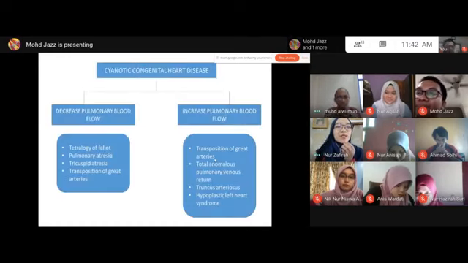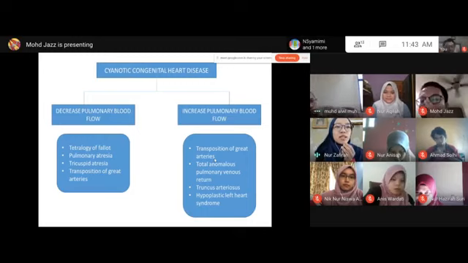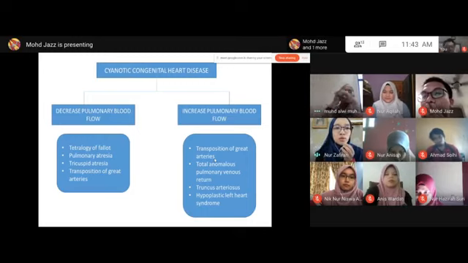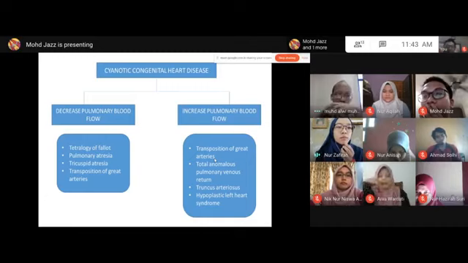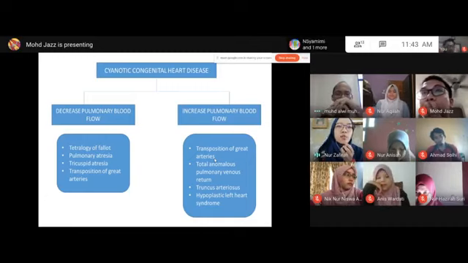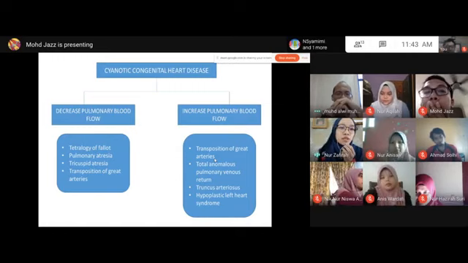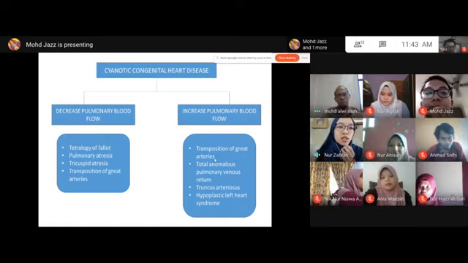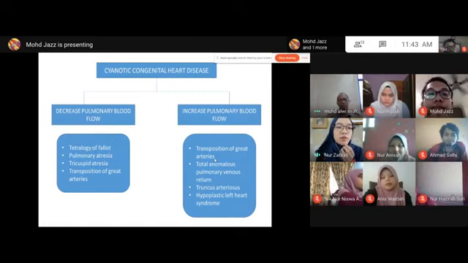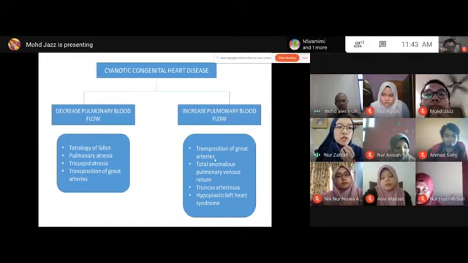So the cyanotic congenital heart disease can be divided into two: decreased pulmonary blood flow, and increased pulmonary blood flow. Examples of decreased pulmonary blood flow are tetralogy of Fallot, pulmonary atresia, tricuspid atresia, and transposition of great arteries.